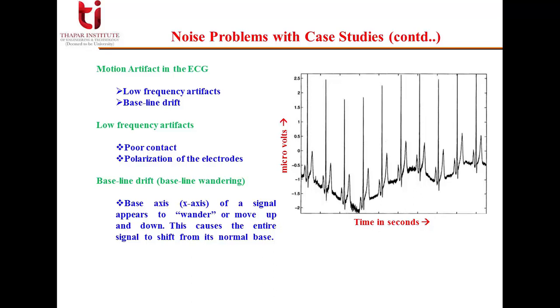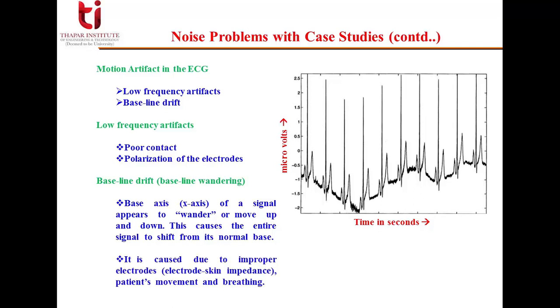It may be due to improper electrodes, that is electrode skin impedance, or the patient's movement and breathing. A large baseline drift may cause the positive or negative peaks to be clipped by the amplifiers or the analog to digital converters. Now next is the other kind of interference, that is maternal interference in the fetal ECG.